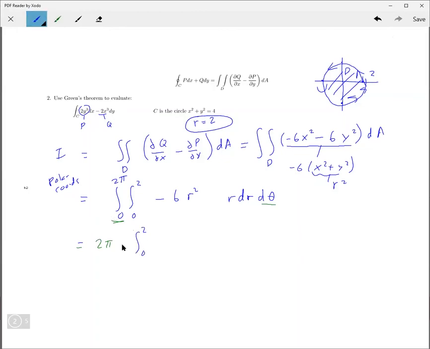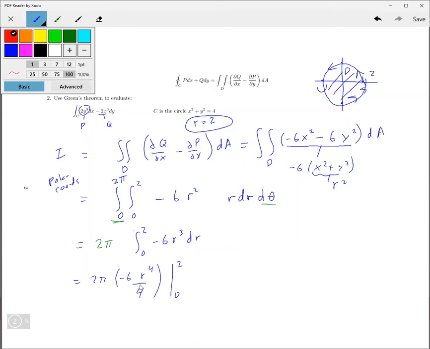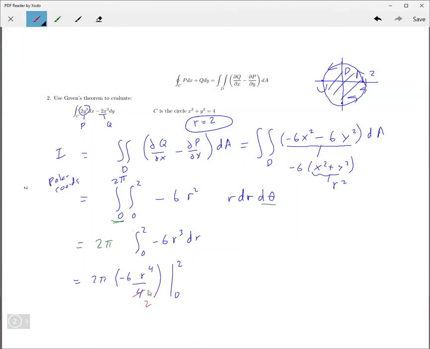And then I'm going to integrate negative 6r cubed dr. I can do some canceling: the 4 reduces to 2, that reduces to 3, and this 2 goes away.